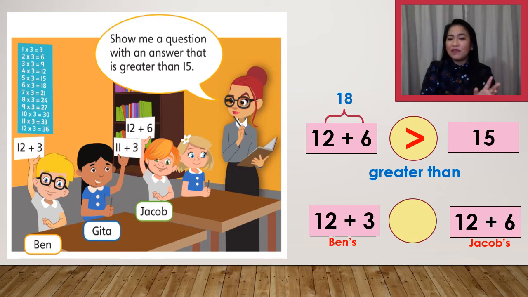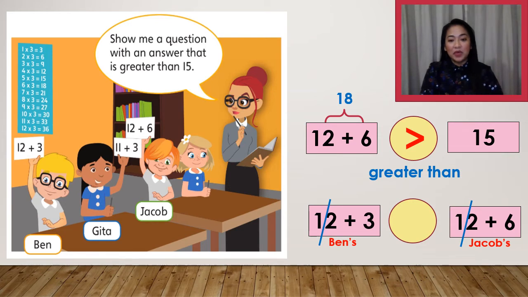Aside from solving the total of each addition sentence, is there another way you could work out which is greater? You remember it right. Since 12 is the common addend, we cross it out and compare the addends that are left. We are left with 3 and 6.